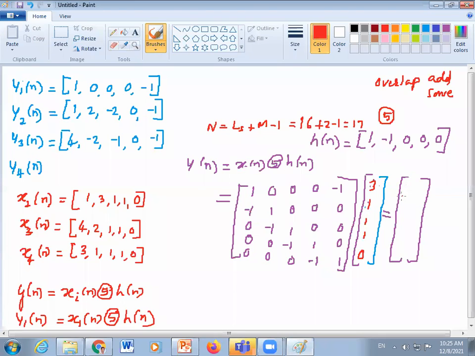The answer we got here is y4 of n equals 3, -2, 0, 0, -1. I hope everyone has got this answer.